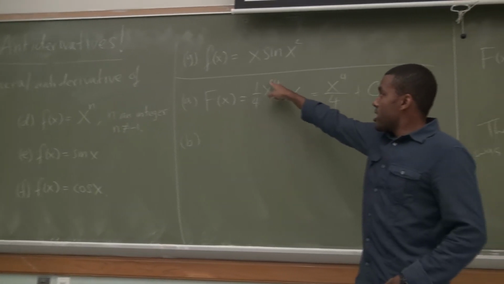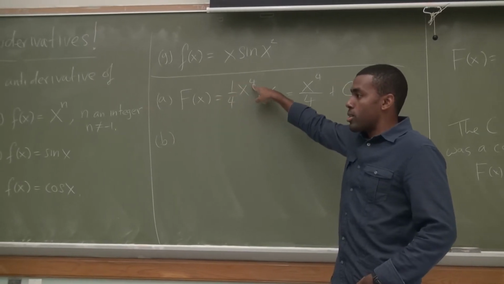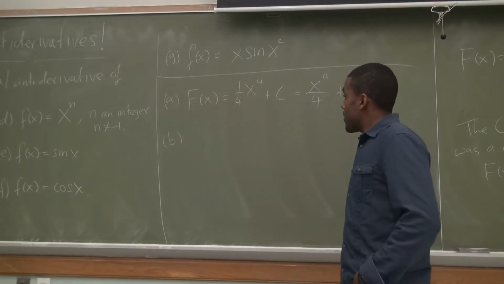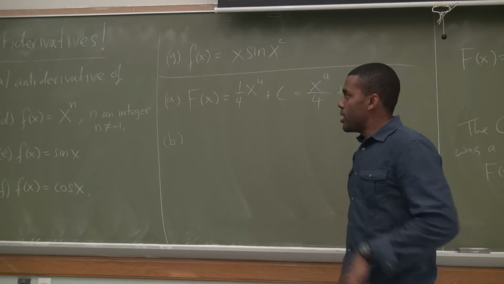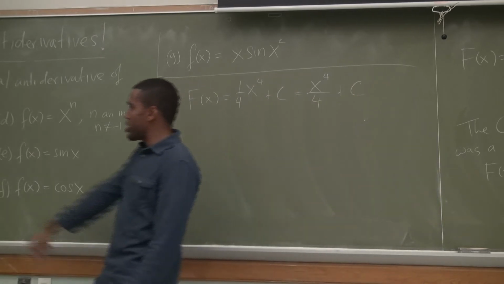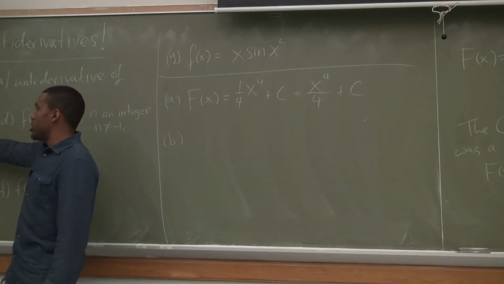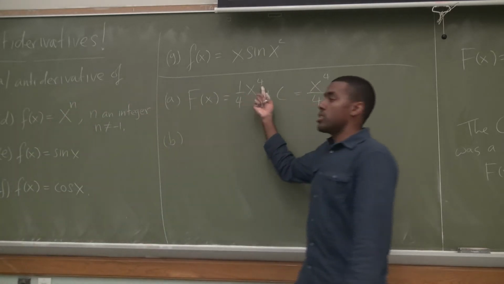If you differentiate it, you're going to take this power, bring it down, and subtract 1 from the power. Remember, what we're trying to do is reverse the derivative. When you take a derivative, you subtract 1 from the power, so to reverse it you end up adding 1 to the power.